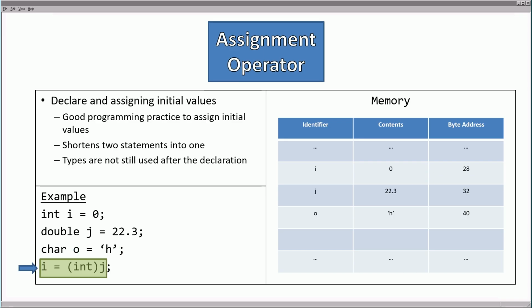Now we reach right here. Notice this. We don't use the type for I. We don't say int I because I has already been declared. If we were to do that, we would get a syntax error because we cannot have multiple identifiers that are the same. So, we're going to convert the value that's stored inside of j and store that into I. But as we know, doubles contain 8 bytes in memory, integers only contain 4.